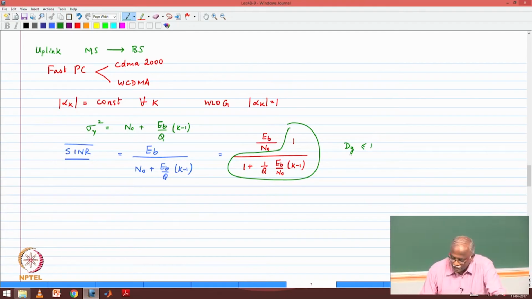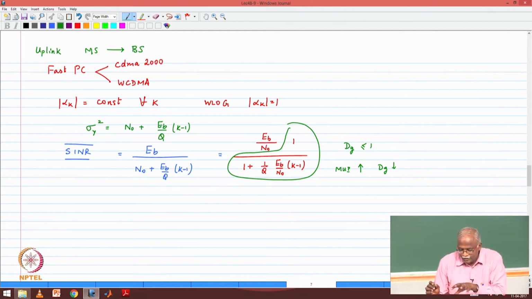What are the things that affect DG? If the multi-user interference goes up, basically this EB by Q into K minus 1, when will it go up? If K goes up. If K goes up, what happens to DG? DG goes down, becomes smaller. That means your effective SINR is going to become smaller.